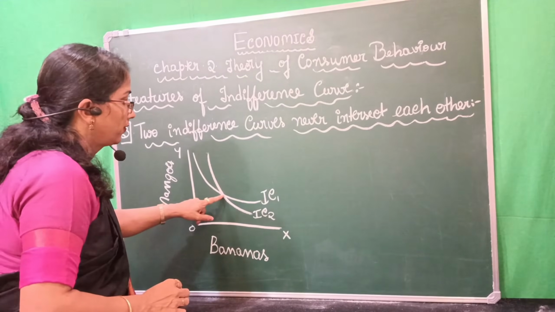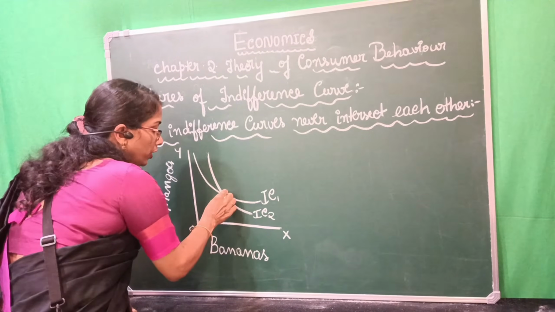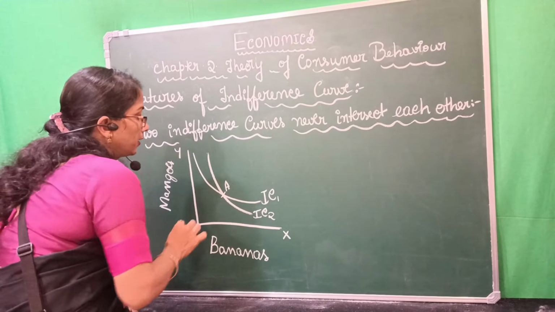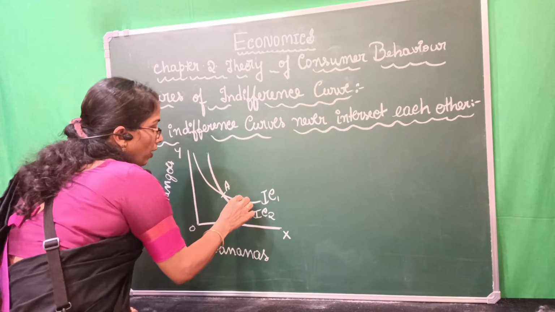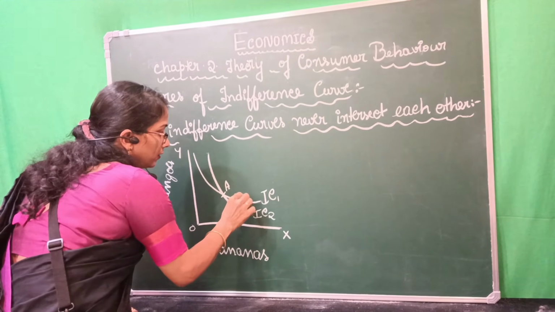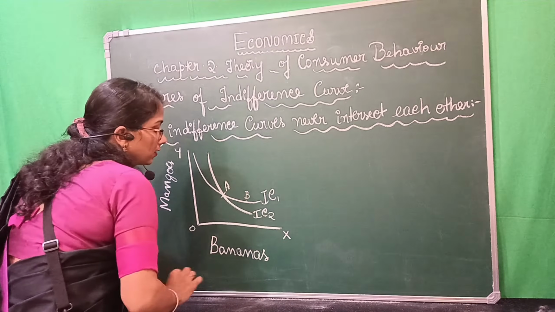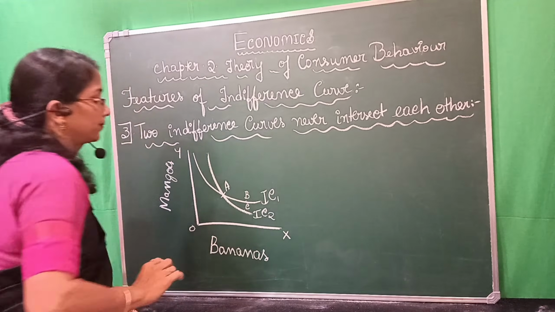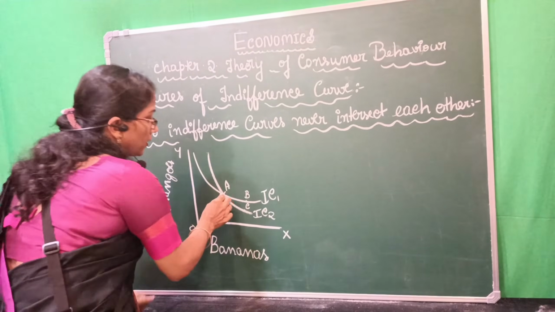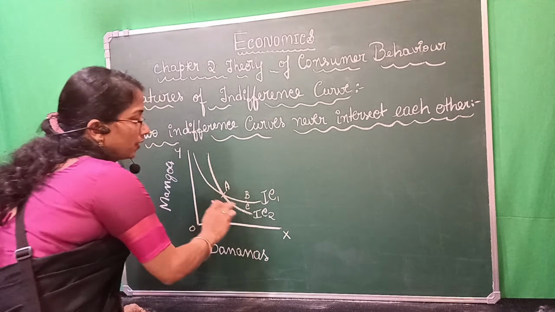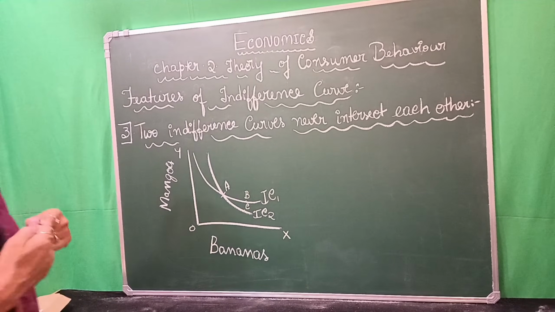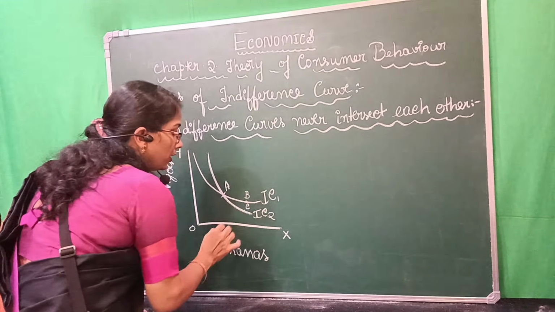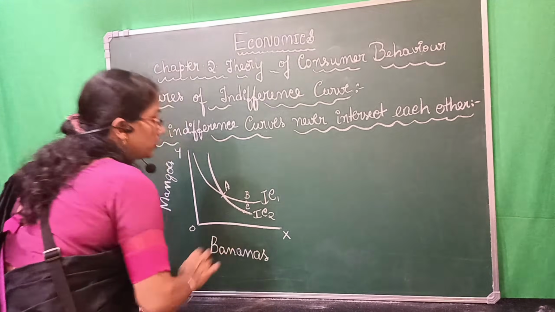And these two indifference curves are meeting or intersecting at point A. Let us mark one more point on IC1 as B, and another point on IC2 as C. So this is point A where the two indifference curves are intersecting. One more point on IC1 is point B, and on IC2 we have point C.